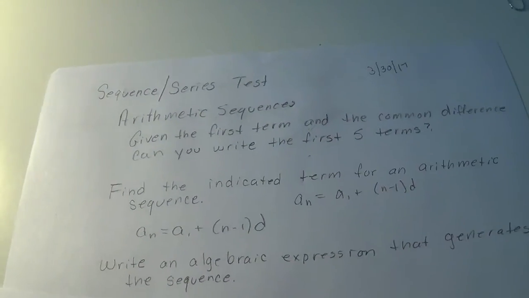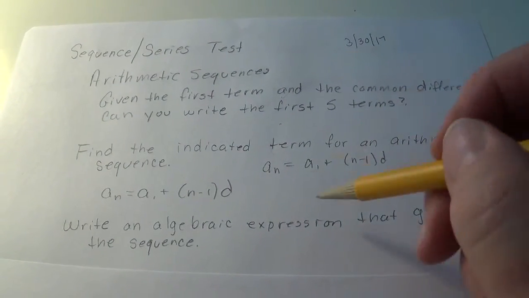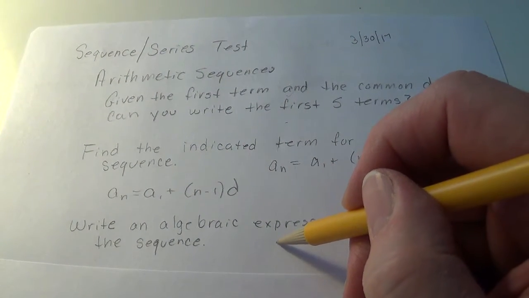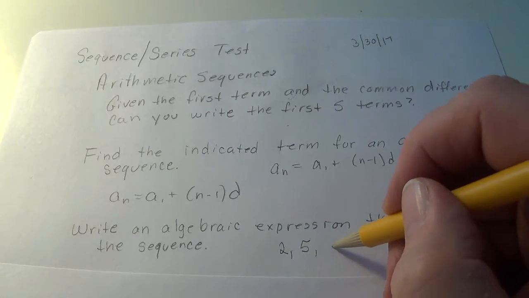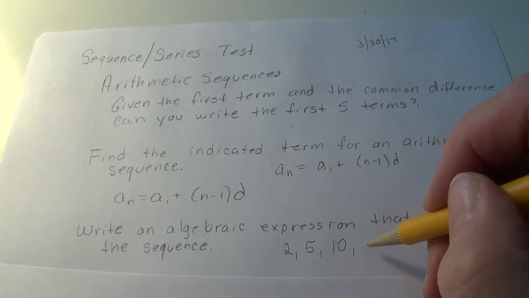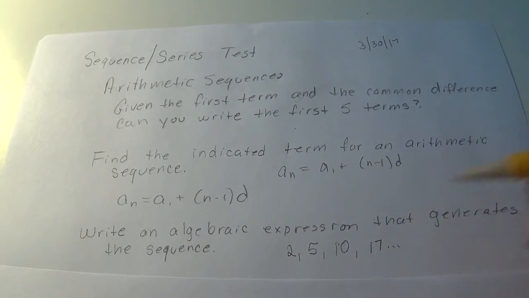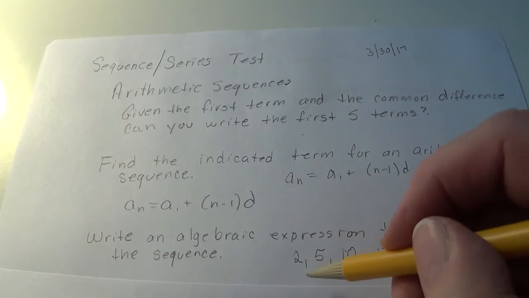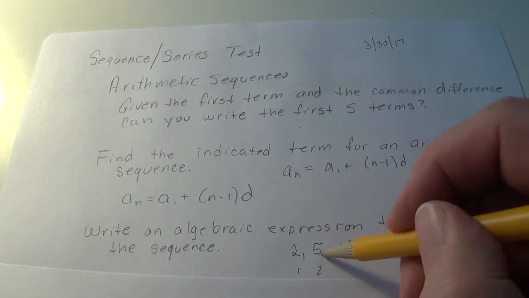Suppose we have 2, 5, 10, 17. So you have to think, what did we do to 1 to get 2? What did we do to 2 to get 5?